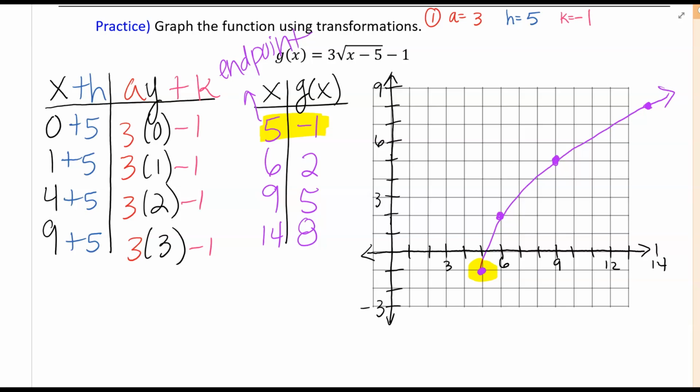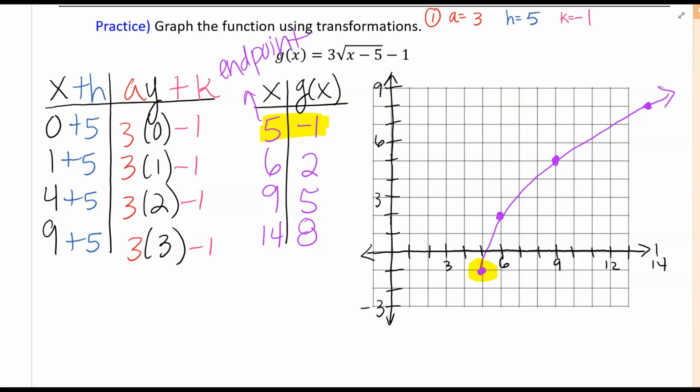Because you don't have any negatives for the x's, and you need to go all the way to 14, you needed to move your y-axis towards the left side. And then for the y-axis, you only need the negative 1 at the bottom, and you need to go up to 8. So you can move the x-axis towards the bottom, so you have enough for 8 at the top and negative 1 at the bottom.